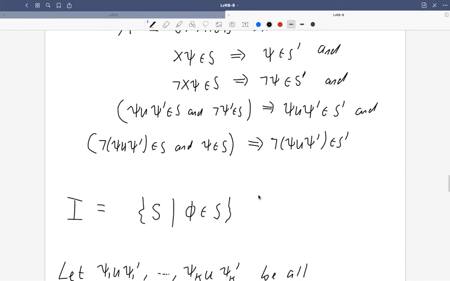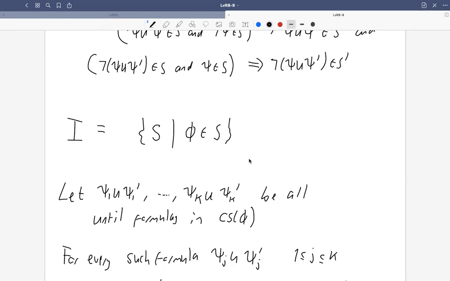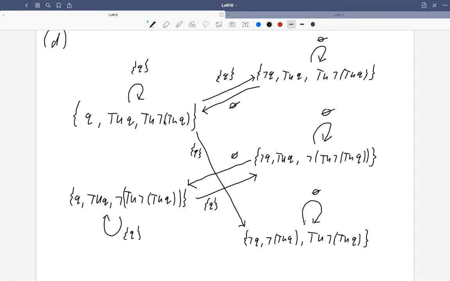Now we need the initial states. So the initial states are all those states that contain the formula for which we're building the automaton. So in our case, we were building the automaton for not phi, where not phi was our original formula. So we want all the states containing not phi.